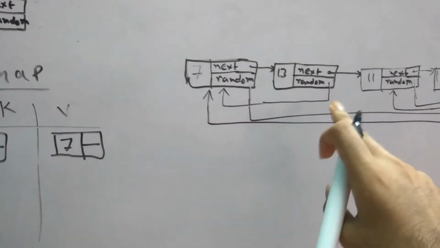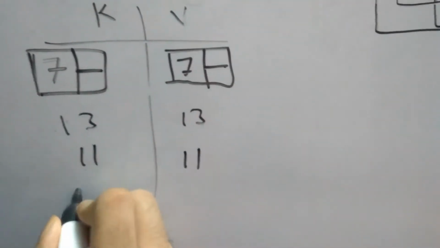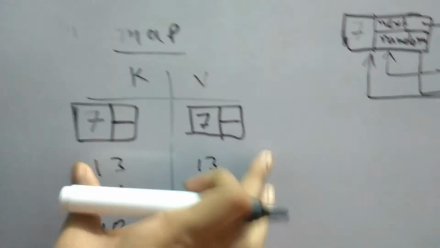Exactly like this we will do for all the other nodes: 13, 11 and so on. So let me do that quickly. For 13, I'm not drawing the box again and again, here will be the same thing: 13, then 11, 11, 10, 10, 1, 1, and then it's null. So we have all our nodes.